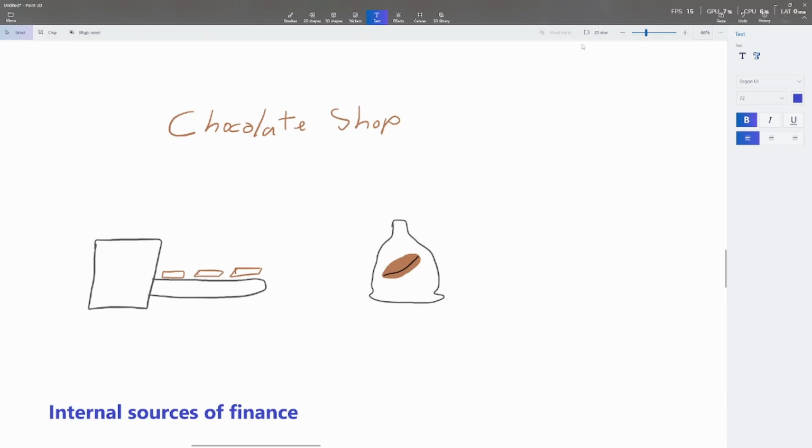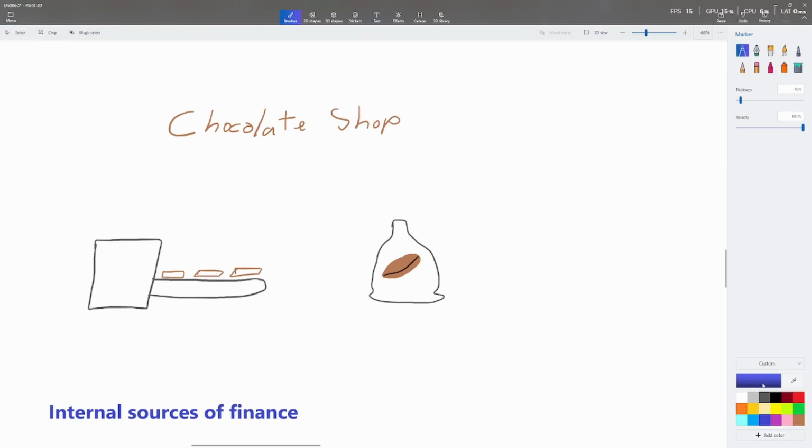So let's take an example of a chocolate shop. I think that's a very great example to understand the difference between capital expenditure and revenue expenditure. You have your chocolate shop. The first thing that you have is your 100,000 euro chocolate machine. The second thing is your $500 worth of cocoa beans that you have to buy in every month. So which one is the capital expenditure and which one is the revenue expenditure?